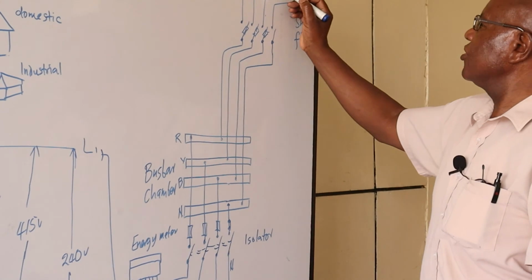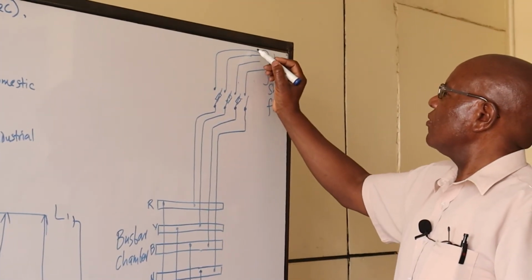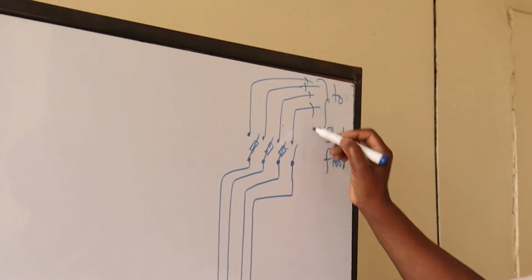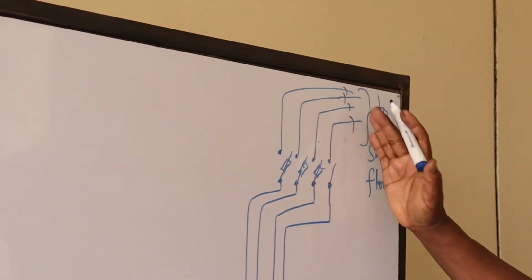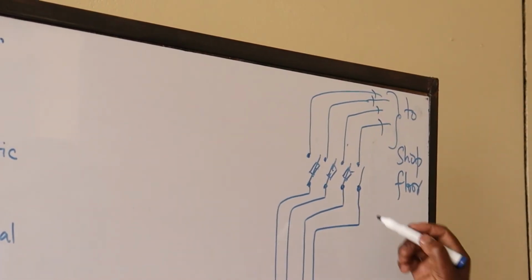So this is outgoing to the shop floor. Again, it may be underground or overhead. We normally use the bracket to show what is indoor and what is outdoor.